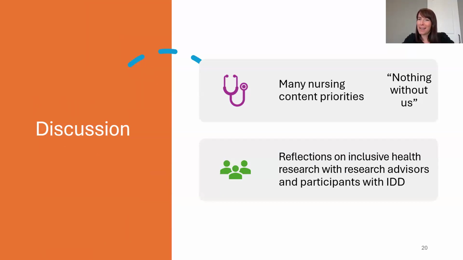Okay, so to present 34 items in a lunch hour webinar, this was the best way I could think of to make it digestible, knowing that for anyone who would like, please do email me and I'll send you the toolkit that will expand upon all these with resources. But let's get to this discussion.